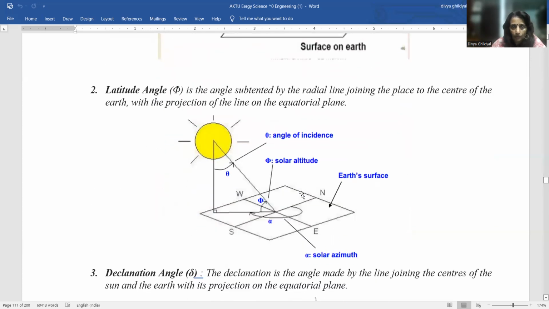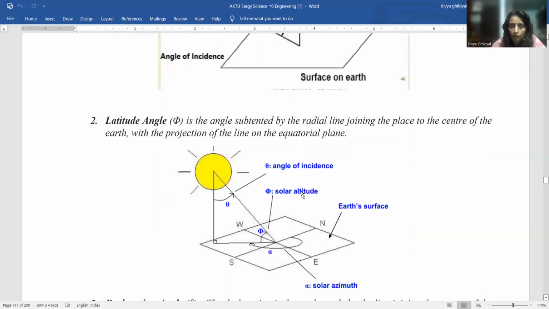Latitude angle: obviously you should know about it before you go ahead to design anything based on solar architecture, and this is a very big demand in today's world. Every demand that comes from the customer, the necessary requirement is sunlight in the office, in the house, or anywhere they are going in for a construction project.